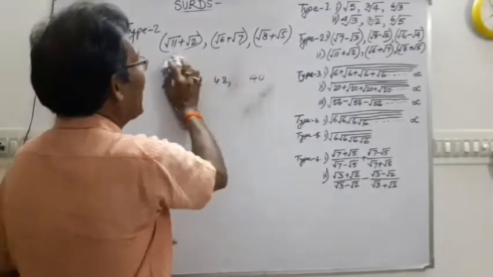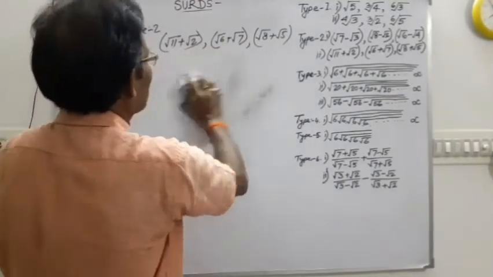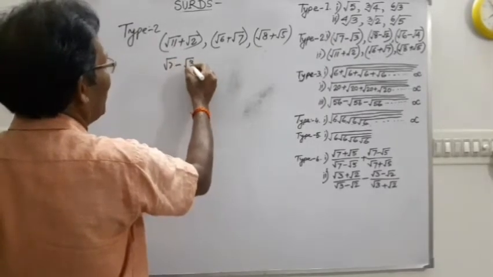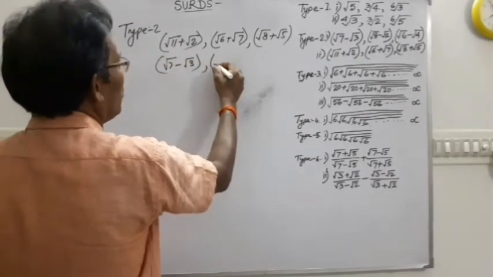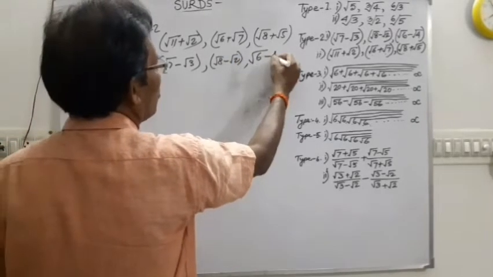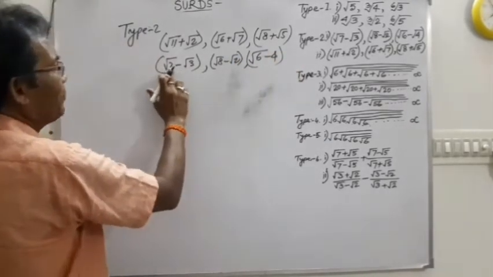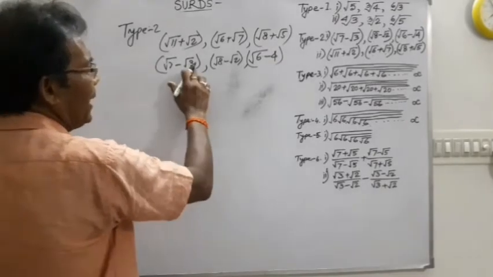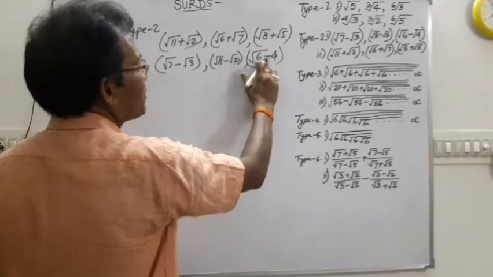But in case of minus, that is root 7 minus root 3, root 8 minus root 2, root 6 minus root 4. The significance key: 7 plus 3 is 10, 8 plus 2 is 10, 6 plus 4 is 10.